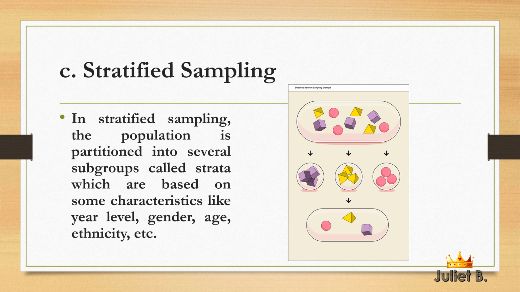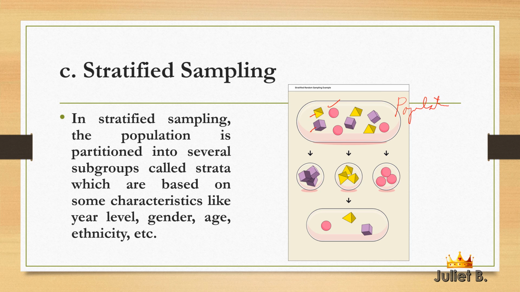Example. So, kung makikita nyo sa figure, so sa example natin, meron tayong cube, meron tayong pyramid, meron tayong sphere. So, una natin gagawin, ito ang population natin. Para makakuha tayo ng sample, base dito sa population natin, i-group muna natin sila according to their characteristics.